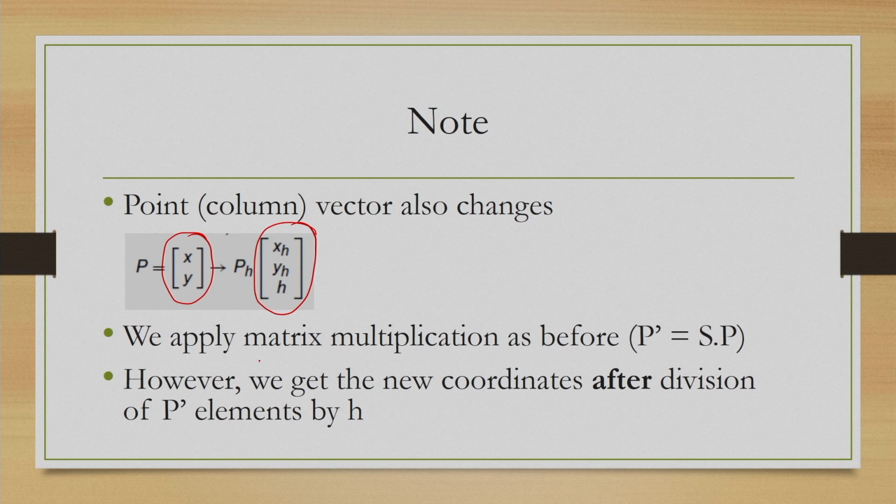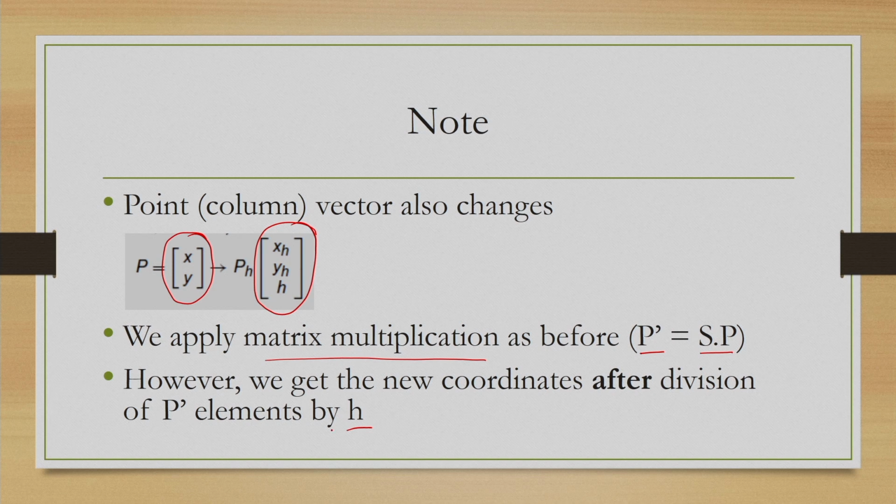First we apply the matrix multiplication as before to get the new point, that is P dash equal to SP, but after this what we need to do is divide whatever we got in P dash, the x and y values, by H to get the original value.